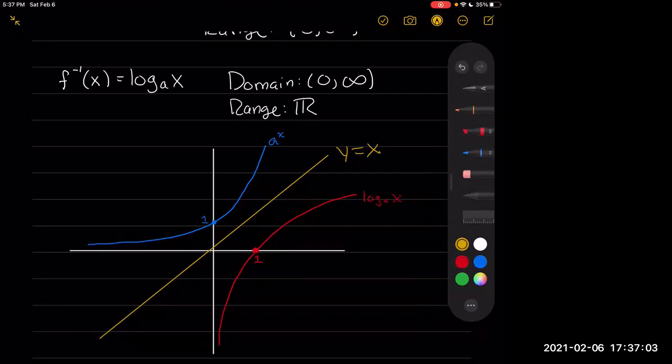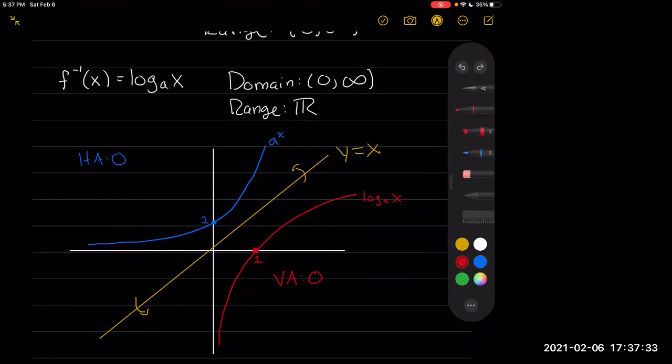So it has just been reflected across this line here. All right, and where a to the x had a horizontal asymptote at 0, log base a of x has a vertical asymptote at 0. You see how this line here never quite touches 0? So that's how we know we have a vertical asymptote.